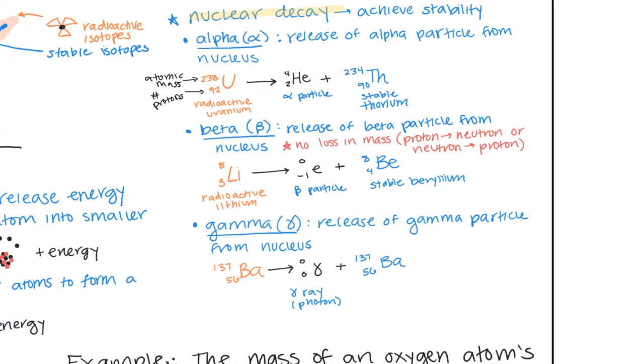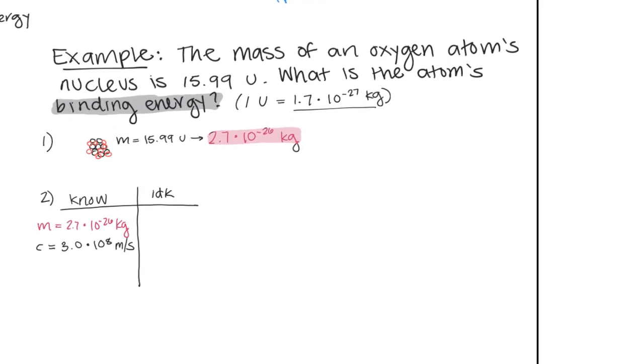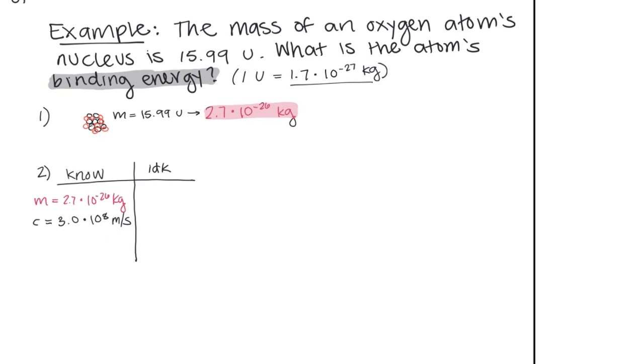So what this problem is really asking is how much energy is required to break up the nucleus of this oxygen atom and break up those protons and neutrons. But energy is energy, so we know that we are solving for energy here.